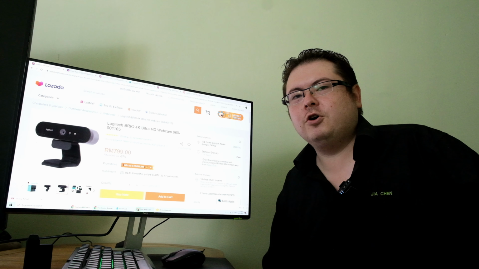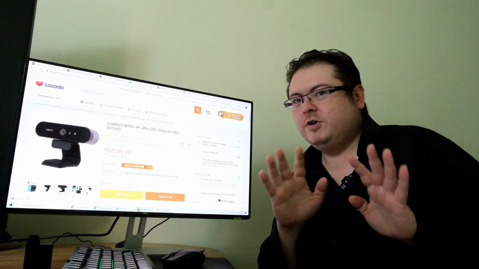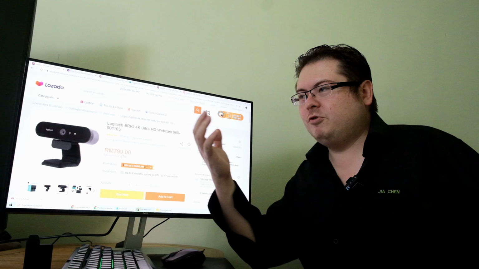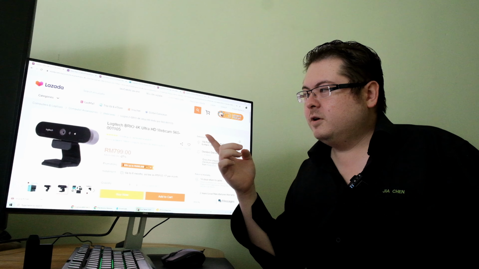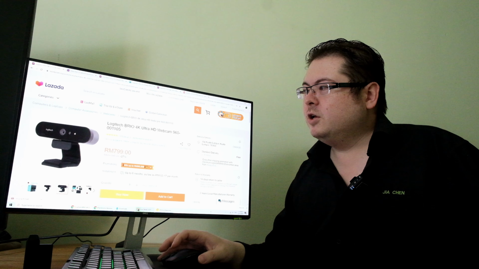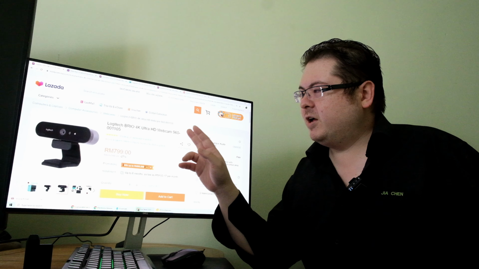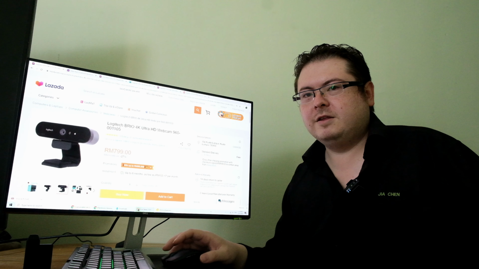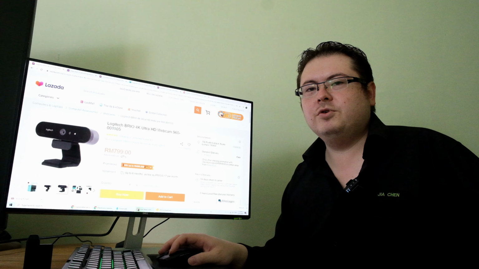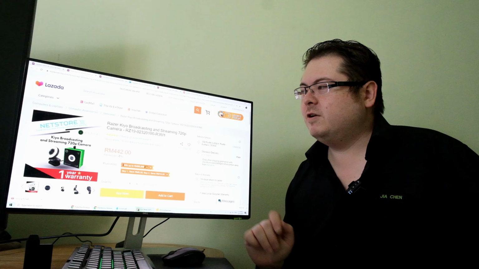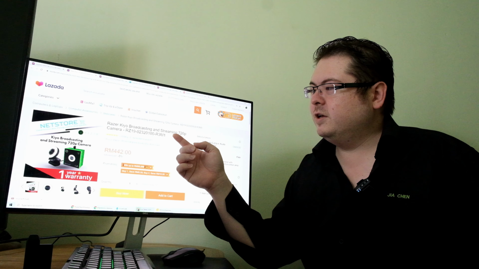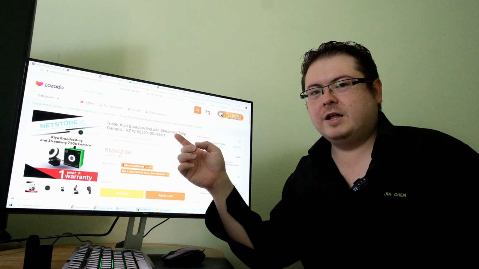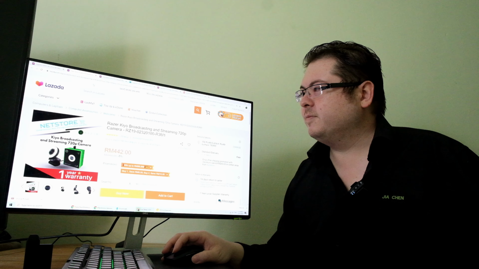If you want to record on your computer, not stream, you probably want this. But if you just want to do live streaming, you don't need something that records at full HD at 60 frames per second, because most streaming services run on 720. So for 720, use the full HD webcams that record at 720 at 60 FPS.